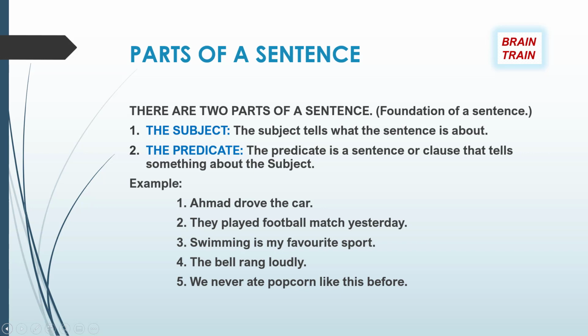And the predicate, जो कि एक sentence भी हो सकता है, और clause mean group of words जो पूरा exactly मतलब नहीं देता, so it could be that also, and that tells something about the subject. तो predicate जो है वो subject के बारे में बताता है. So now we'll see the examples here.